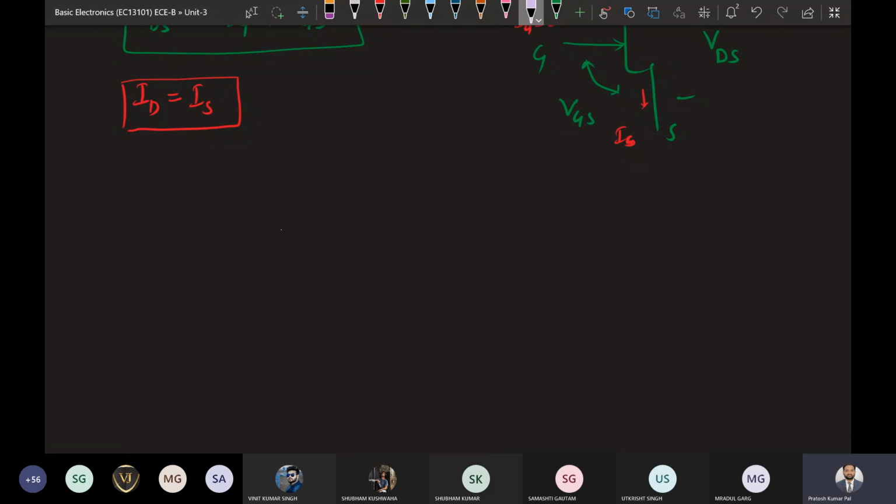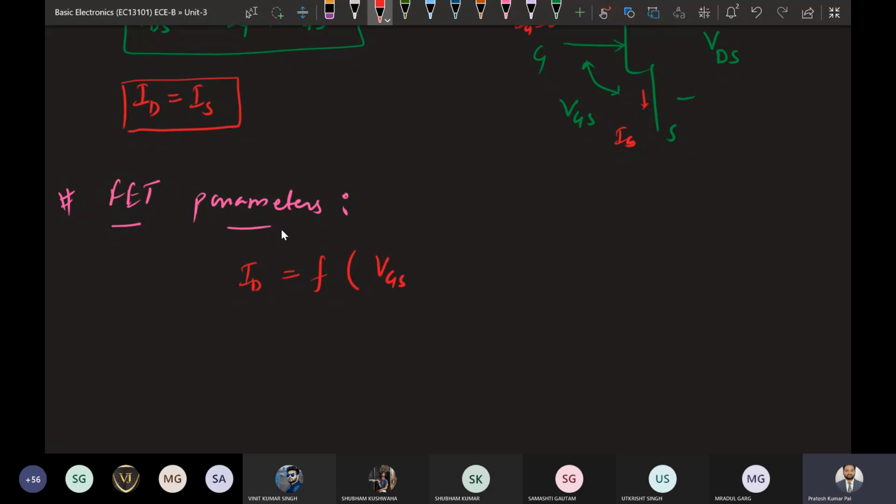We will see some of the parameters of FET. So what are the different parameters? Here our ID is going to be a function of VGS. VGS defines the ID because VGS is used as the control voltage.